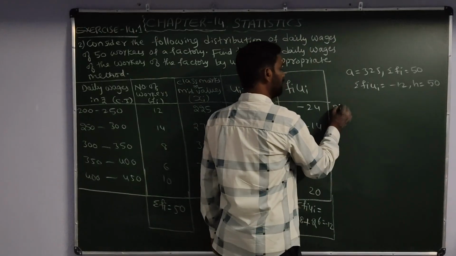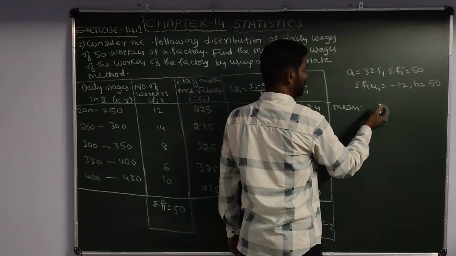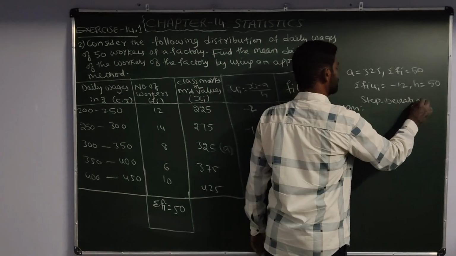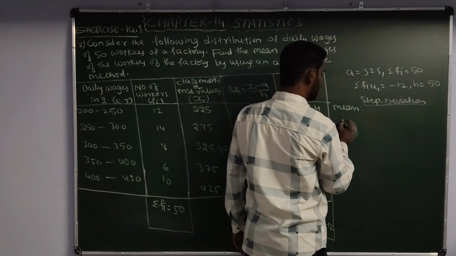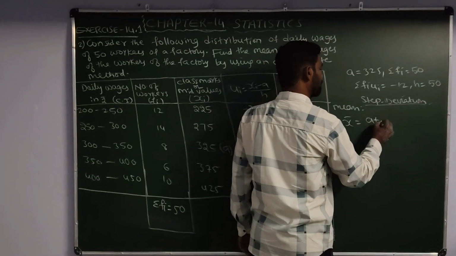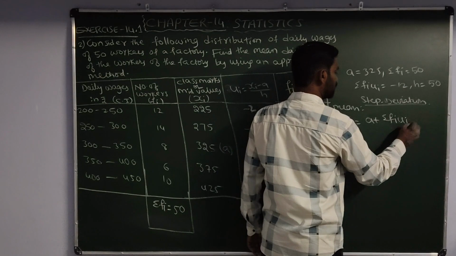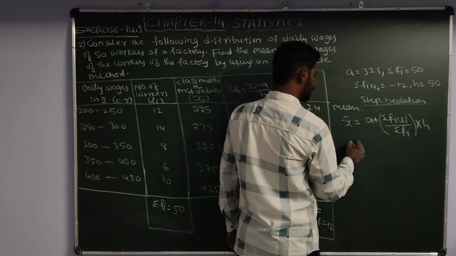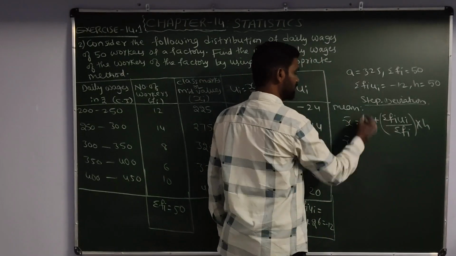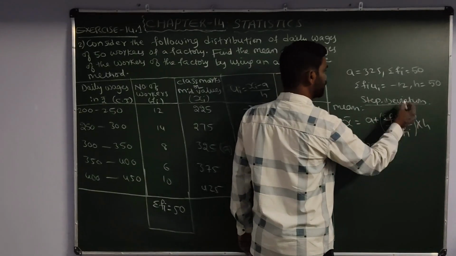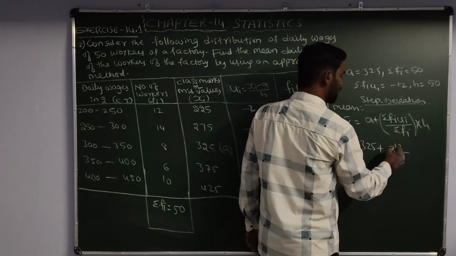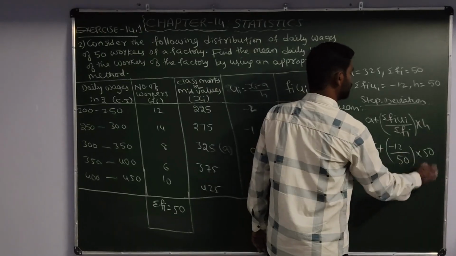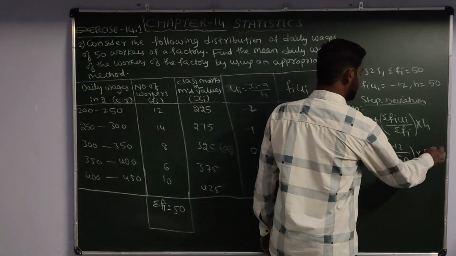So mean, by the step deviation method: x bar is equal to A plus sigma Fi Ui by sigma Fi, into H. So x bar is equal to A, what is A value? 325, plus sigma Fi Ui, it is minus 12, by sigma Fi, it is 50, into H value, which is also 50. So this 50 cancels.